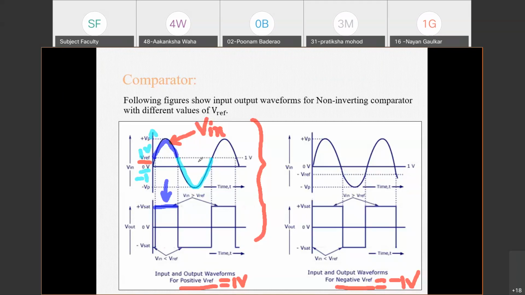That means it will be less than 1 volt. Okay, that means V reference is greater than V in. V reference is voltage at inverting terminal. V in is voltage at non-inverting terminal. That's why for this region you are getting output as minus V sat.